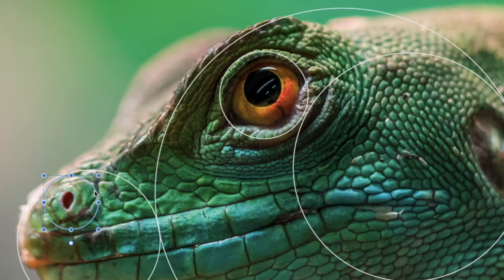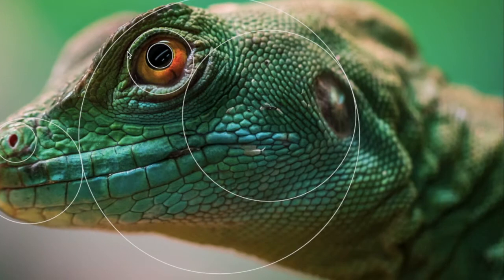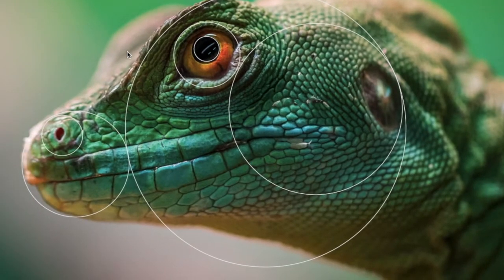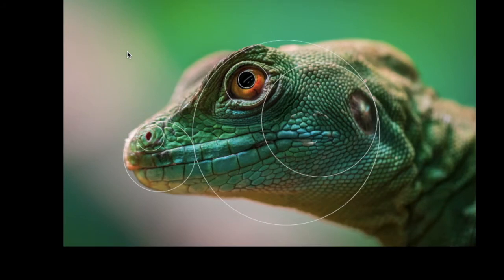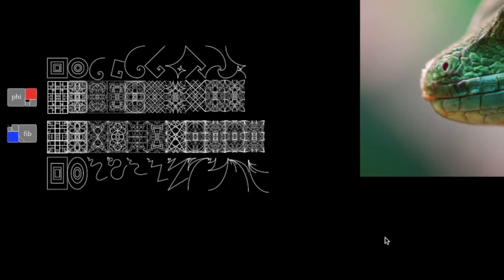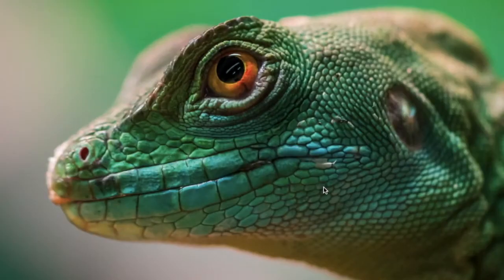If we take that one and go down one more, 61.8%. Get the width of the lip and the iris, yes. Yeah. So those are some major circles in there, major phi harmonies.